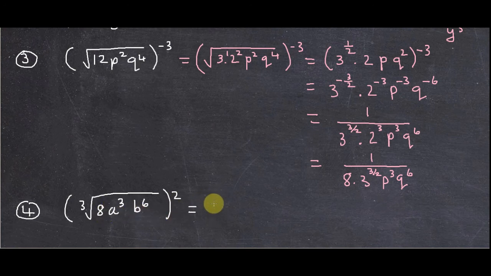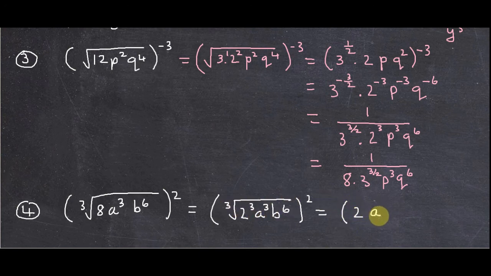Once again, we can find prime factors of 8 to start with. We can get rid of the surd here. So 3 divided by 3 is 1, so it's just 2. And the same with the a. And 6 divided by 3 is 2. And this is all squared.